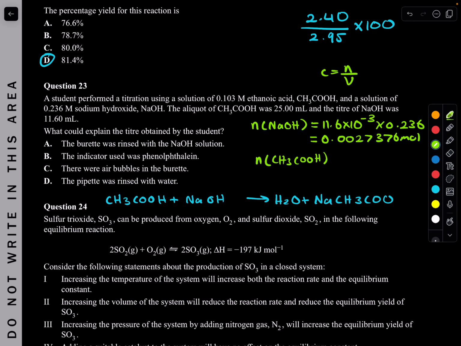And so we've got that, which is the same as this, so I'm just going to copy this whole thing here. Now we need to solve for the concentration. We've got the moles, so we just need to divide by the volume of the aliquot, which is 25 milliliters. So divide this by 25 times 10 to the negative 3, to get it in liters.